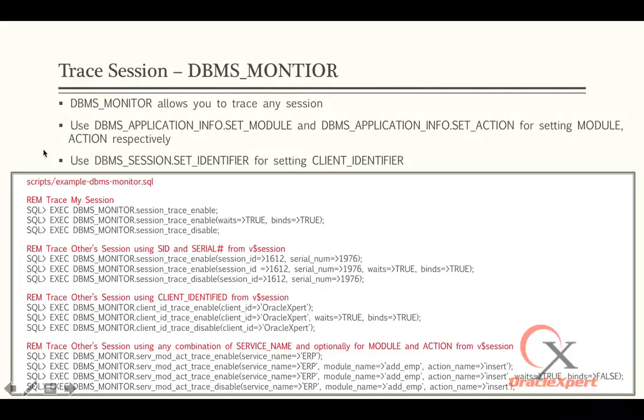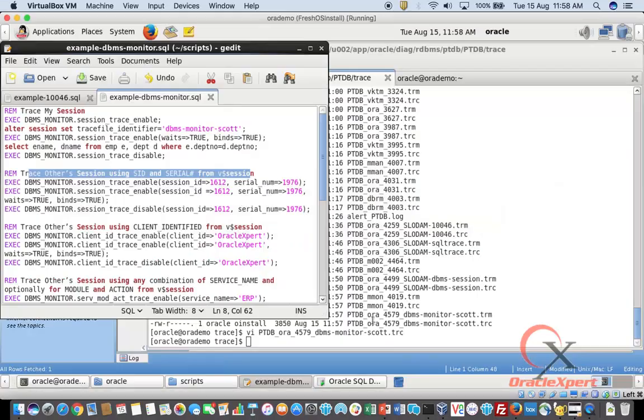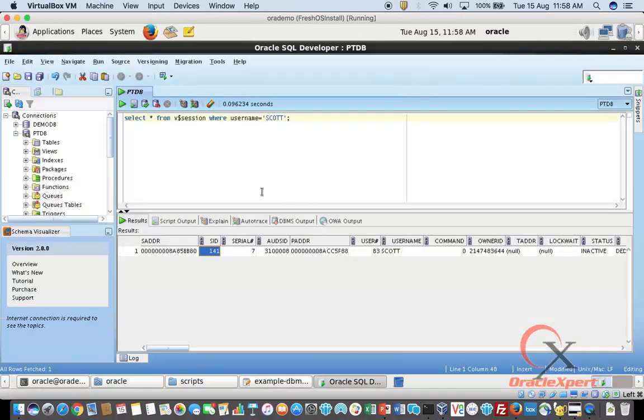Now when it comes to tracing some other user session using SID and serial#, going back to my presentation, as a DBA you can say DBMS_MONITOR.SESSION_TRACE_ENABLE, and you can provide the arguments as the SID and the serial#. Now your SID and serial# are always going to be unique.